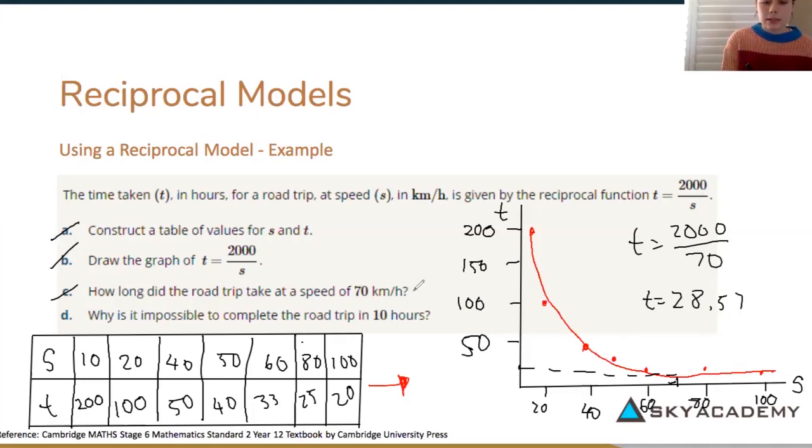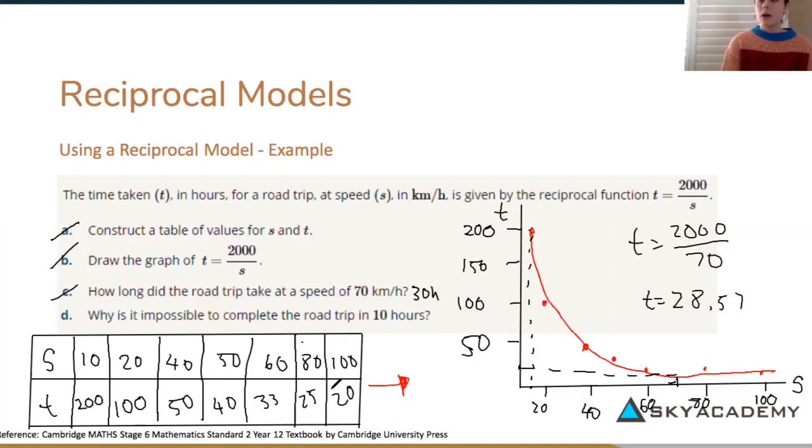And lastly, why is it impossible to complete the road trip in 10 hours? If we have a look at where 10 hours would be here, the speed you were doing in 10 hours was 200 kilometers per hour. And if you think about it in the practical situation, if you're driving a car, you never ever really go above 120 kilometers per hour.